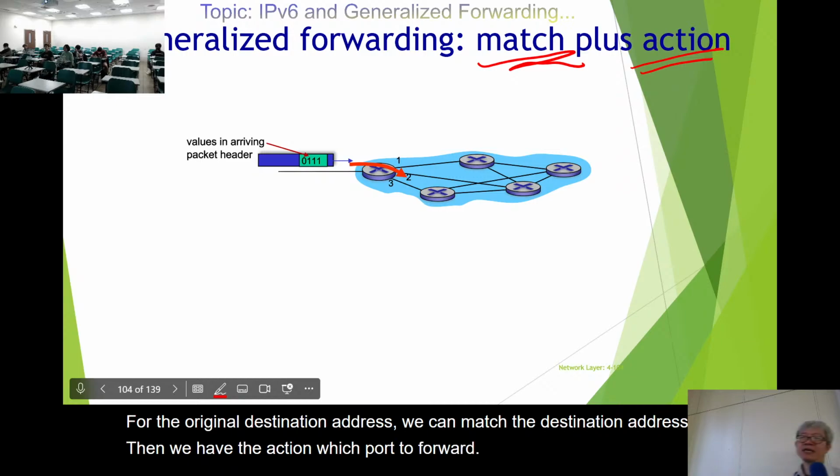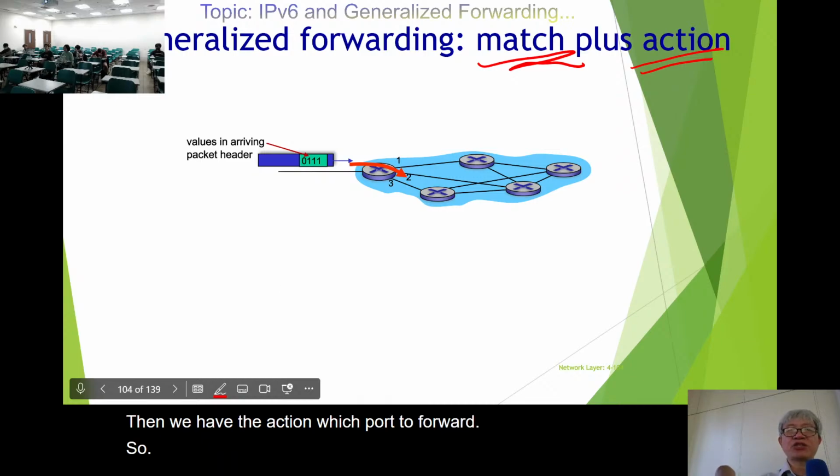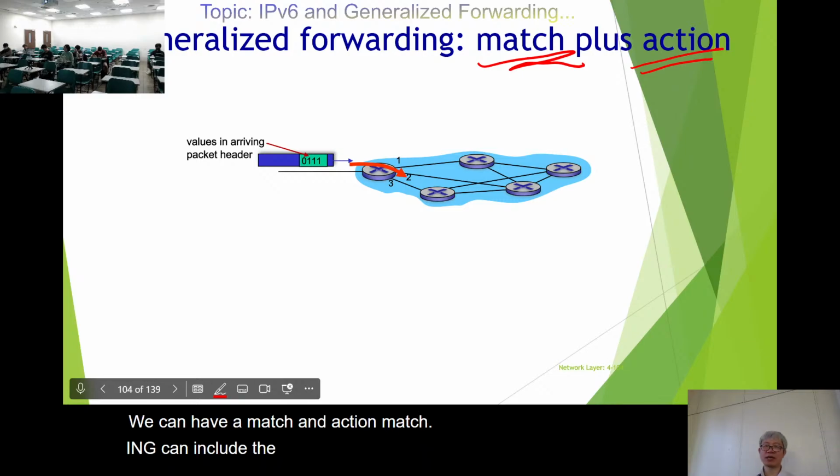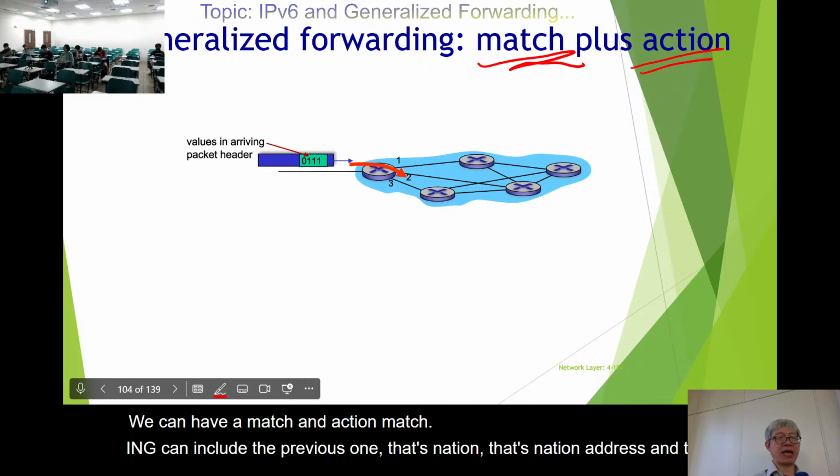Well, so we can have match and action. Well, match and action, is it enough? Yes, it's enough. This one actually can include the previous one, destination address and the forwarding. You see here, this is a destination address.